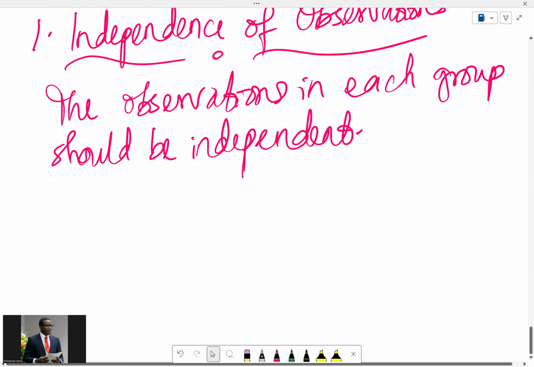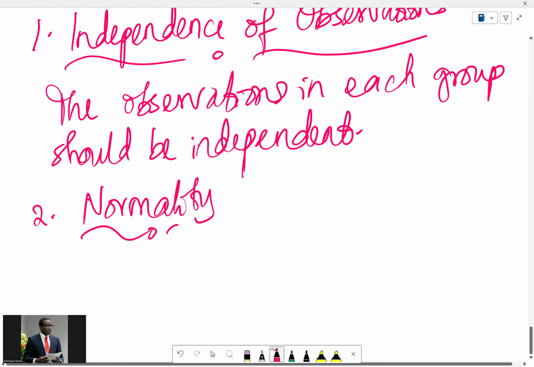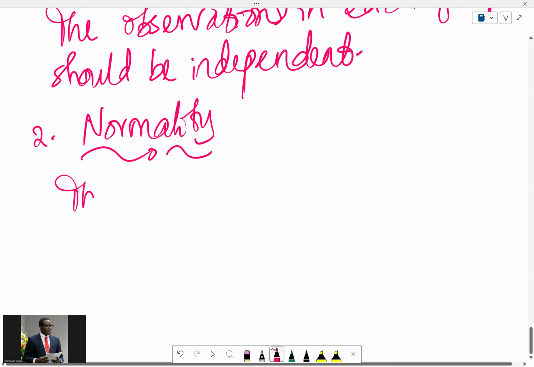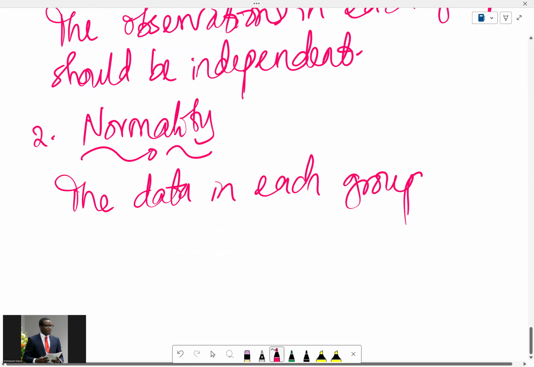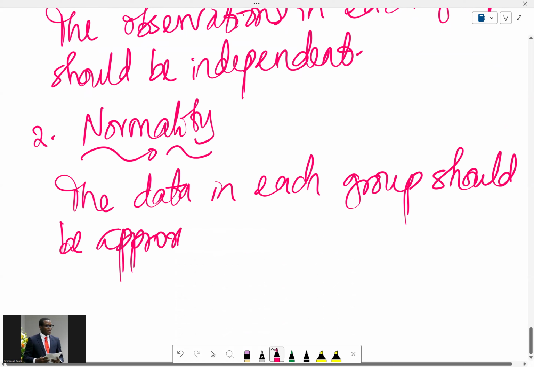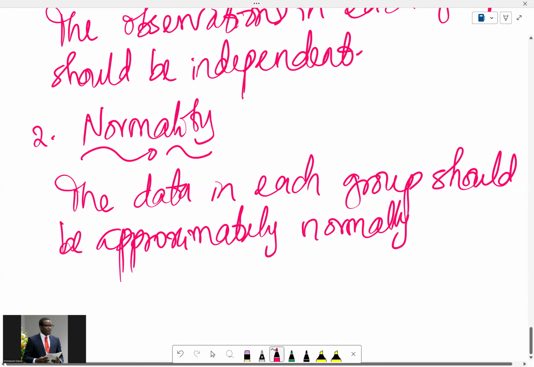Then another point is that we assume normality. What that means is that the data in each group should be approximately normally distributed. So that's the assumption of normality.